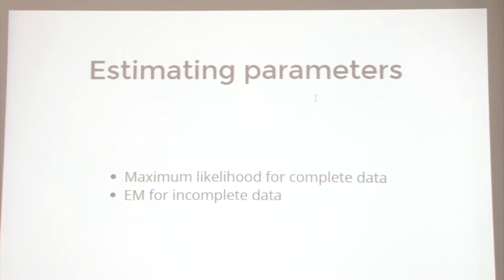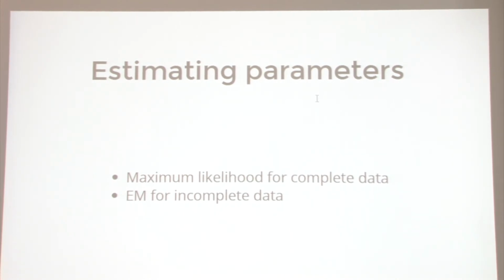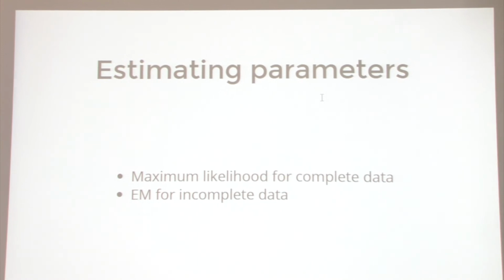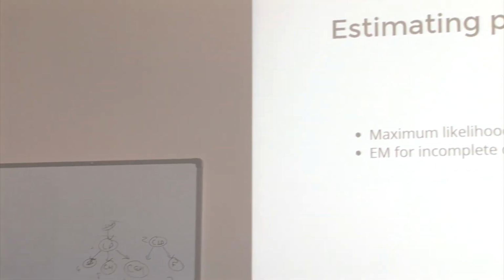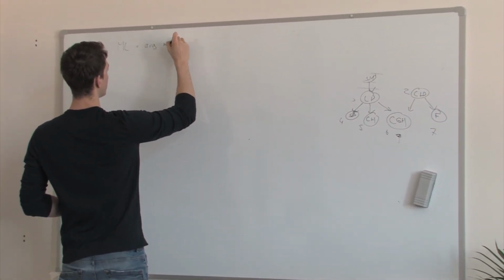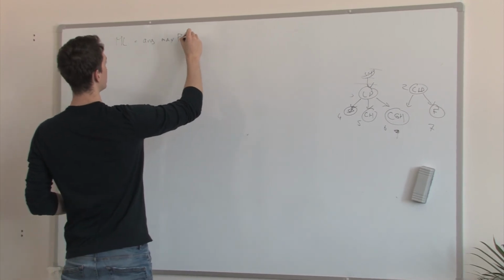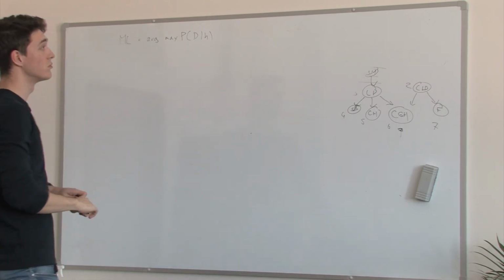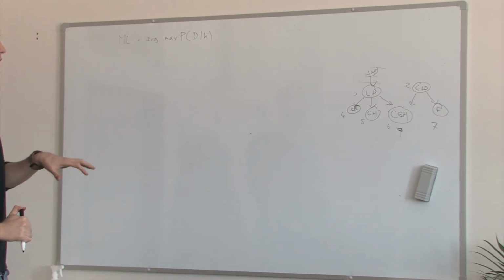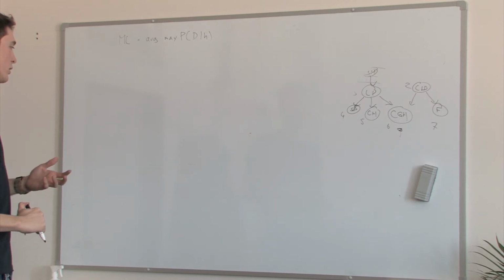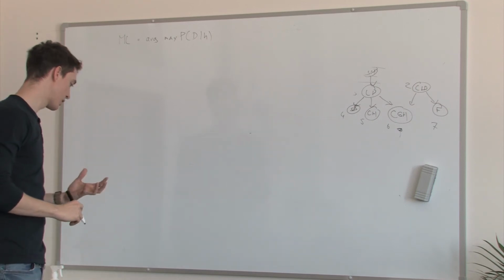Usually there are two cases. You either get all the data with no missing information, so you have complete data. In this case, you use the maximum likelihood algorithm. Maximum likelihood tries to find the argument that maximizes the probability of the data given the hypothesis, which basically means, in our case, if you have only discrete values, that you just count.